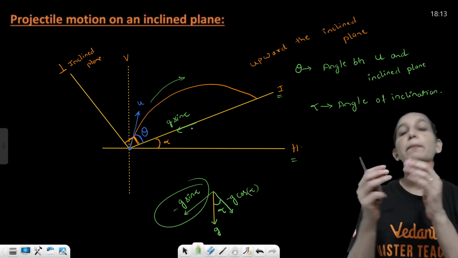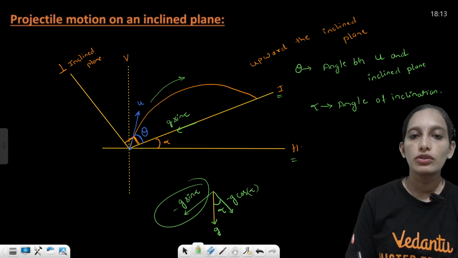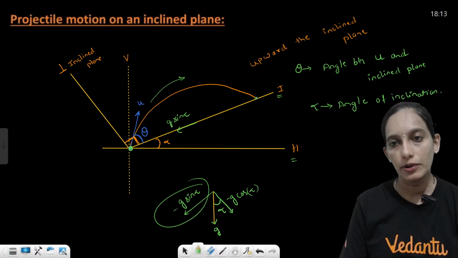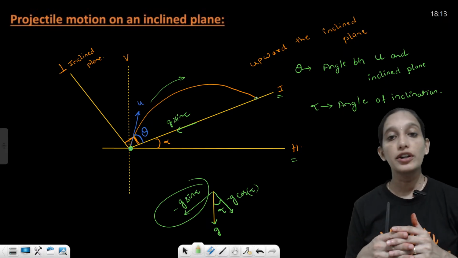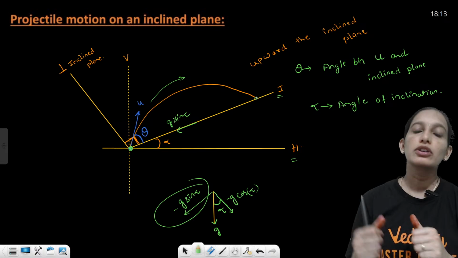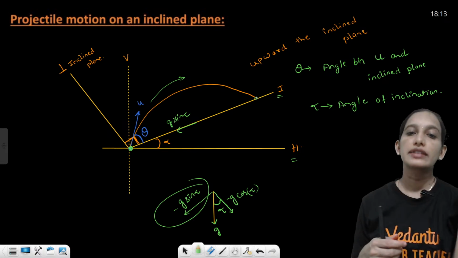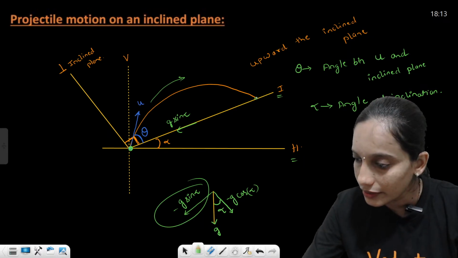That means the particle is getting decelerated as it goes from the bottom of the inclined plane to this particular point. Throughout its motion it is decelerating. That is another point you have to remember, because acceleration is not along the direction of motion of the particle, but it is acting opposite to it. Hope it is fine till here, everyone.